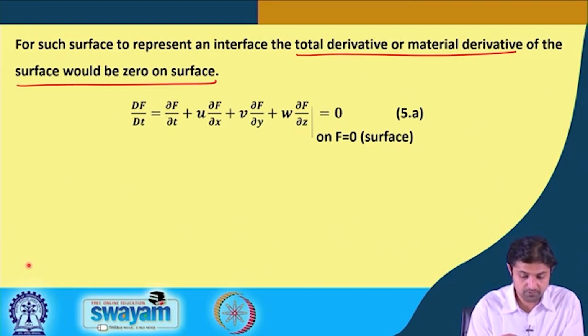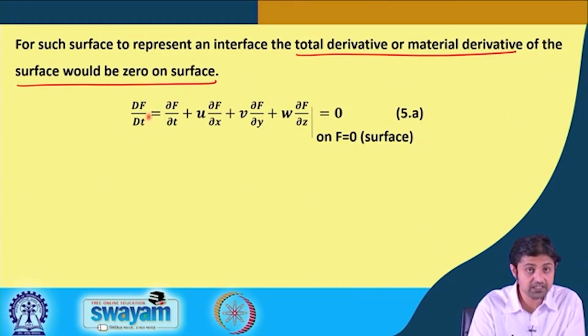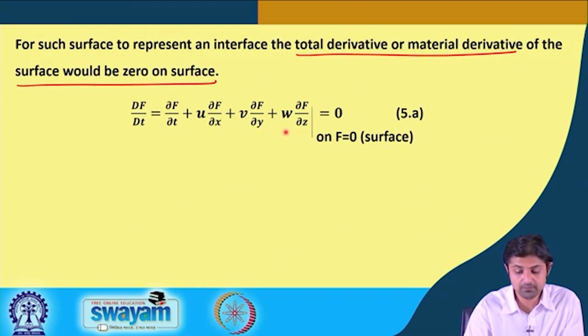Let me use a laser pointer. So, Df/Dt will be equal to del f del t plus u del f del x plus v del f del y plus w del f del z. And what does this say? The total derivative at the surface, on f equal to 0, which means the surface, should be 0.